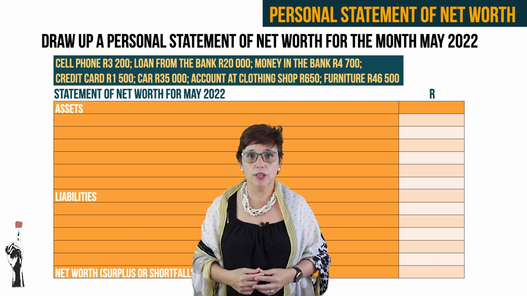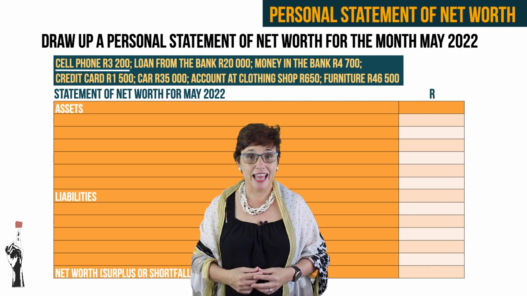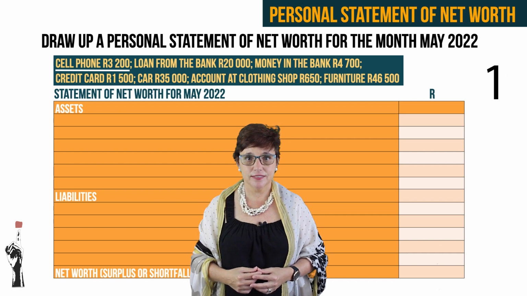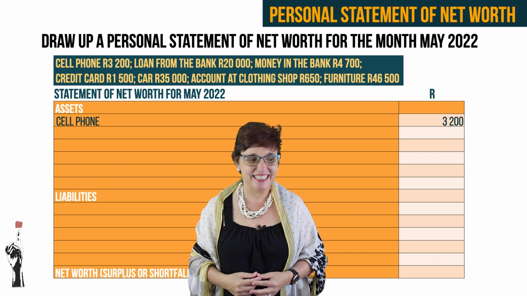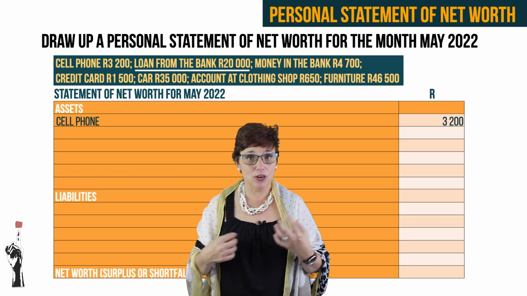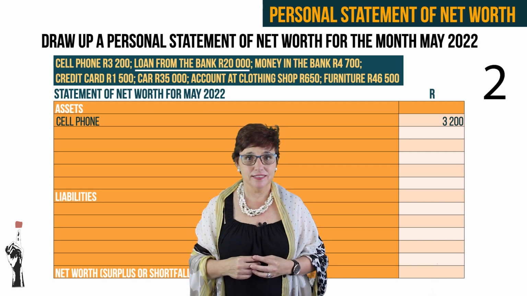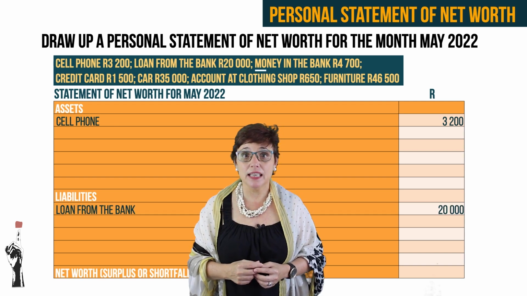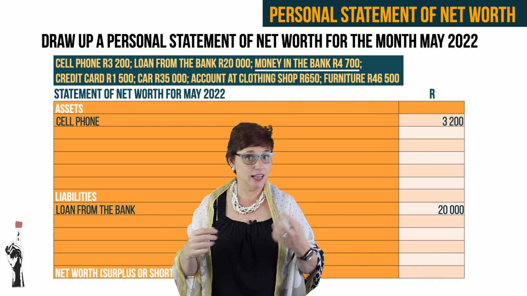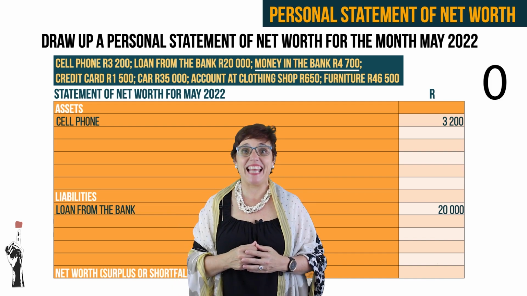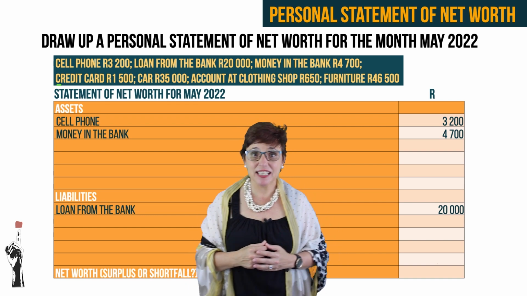Let's start with the cell phone. Is it an asset or a liability? It is an asset. The next one, loan from the bank. Asset or liability? It is a liability. Third one, money in the bank. Asset or liability? It is an asset. Credit card.